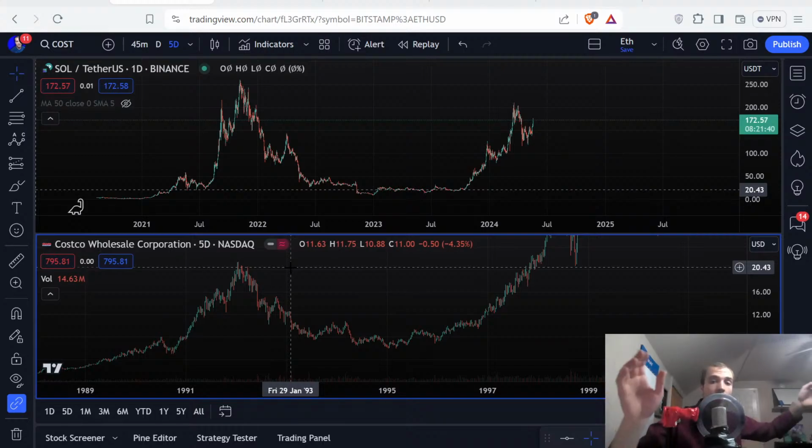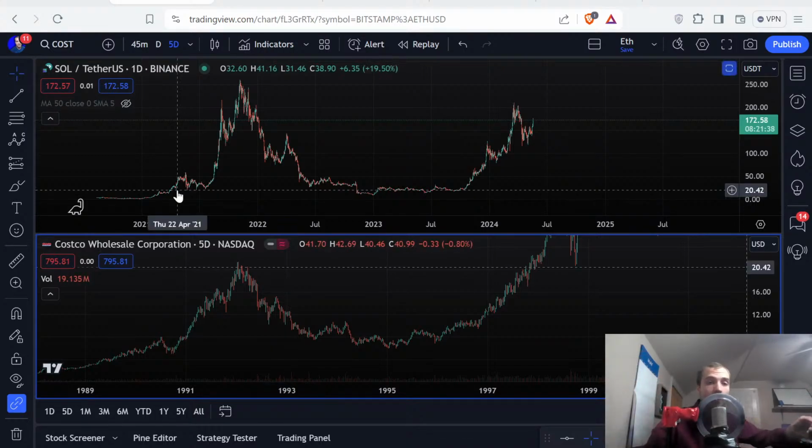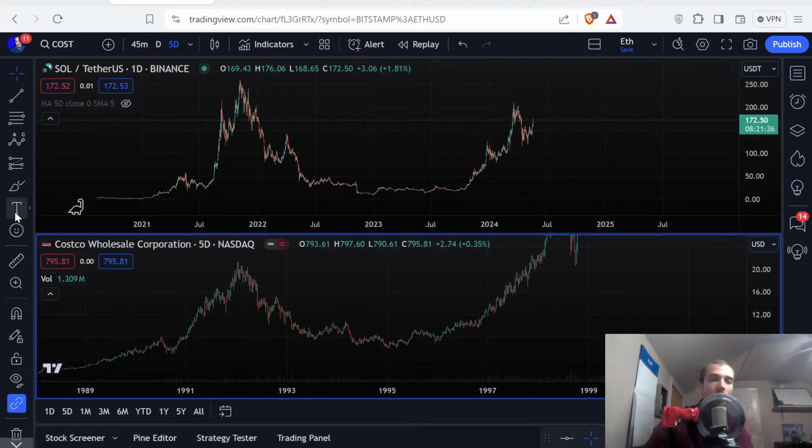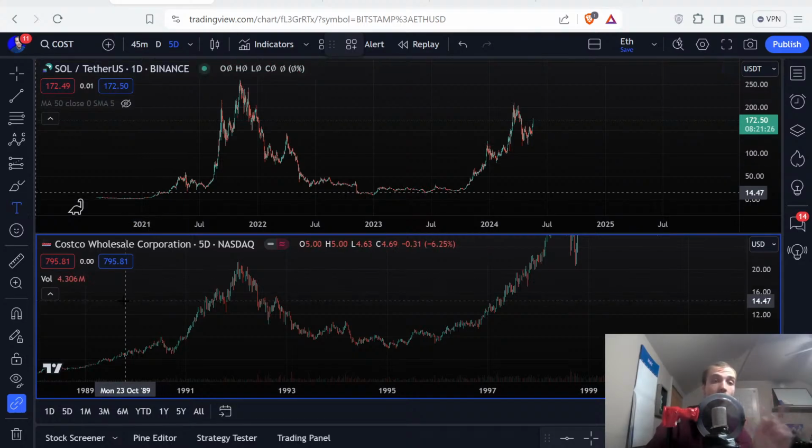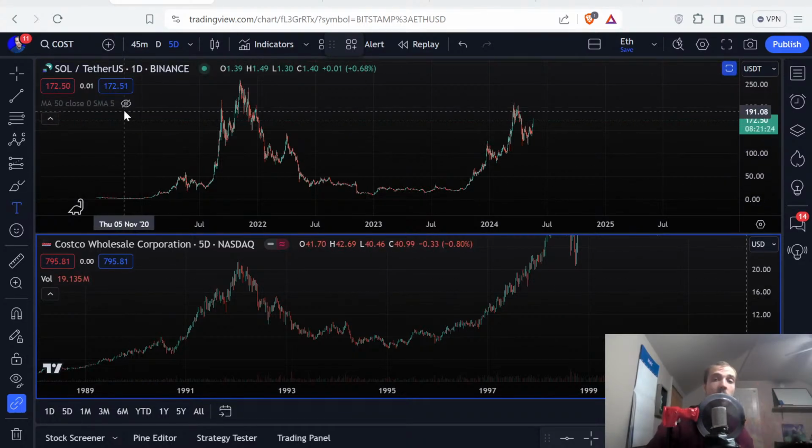Human emotion fractals and repeats itself. Costco Wholesale Corporation is a great example of that cycle, that human emotional psychology taking place. Costco's on the bottom, Solana's on the top. It's almost hard to tell the difference between the two.